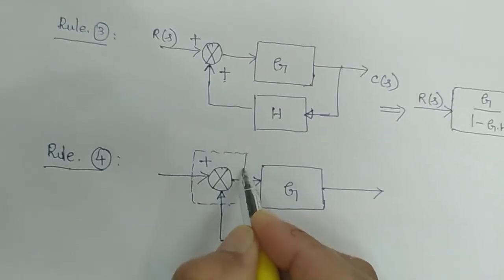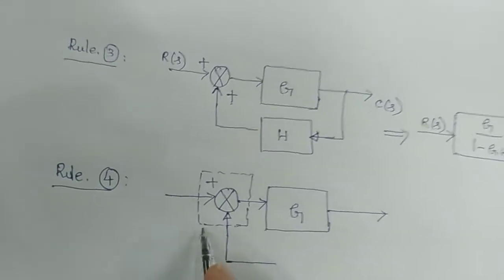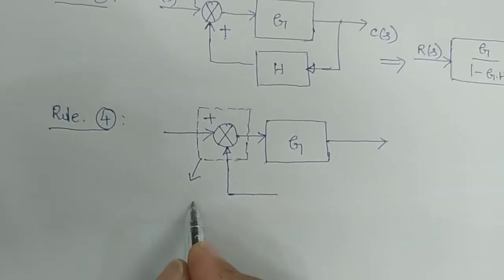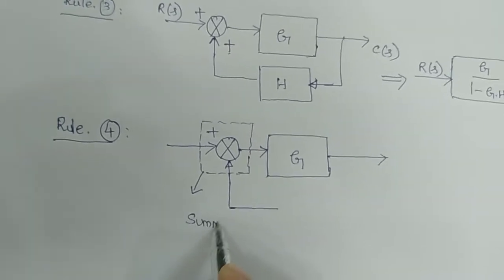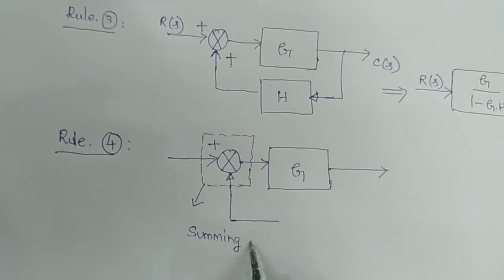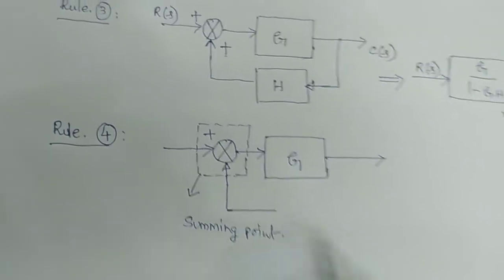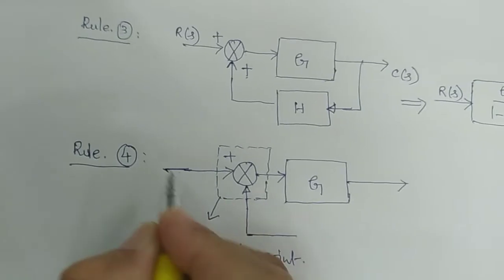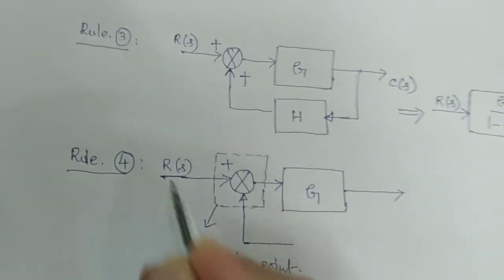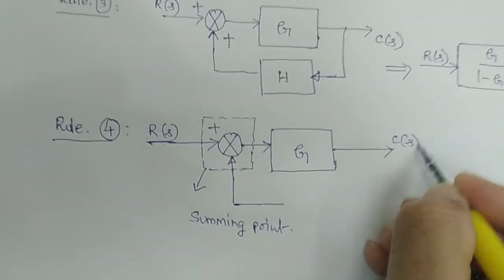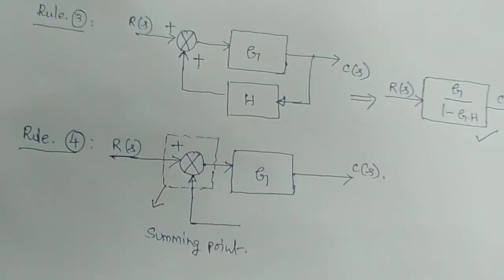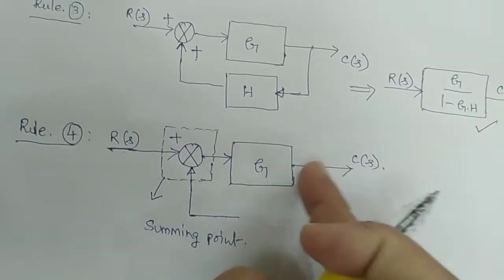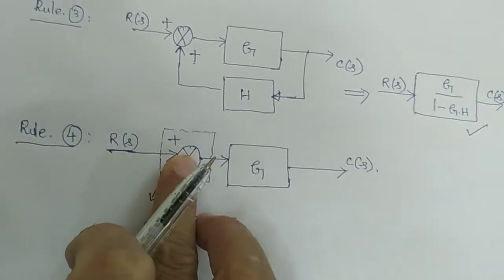This is very important, please note it down. This particular point is called the summing point. This is your R, which is basically your input. You can write R of S here. This is obviously C of S. Sometimes in the given problem a summing point is given before the block.